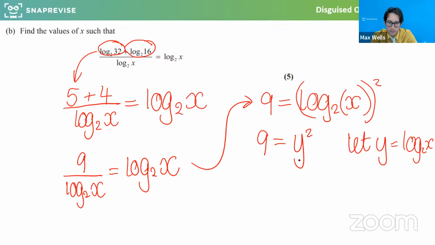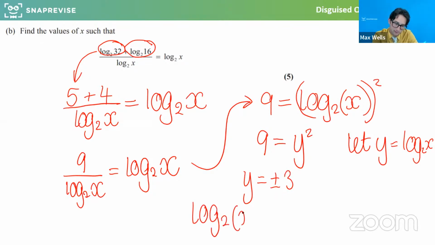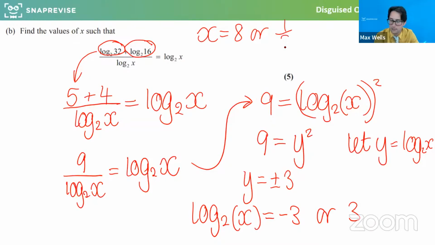So that means that y is equal to plus or minus 3. So that means that log 2 of x is equal to minus 3 or 3. And that is feasible because 2 to the minus 3 is an eighth and 2 to the 3 is 8. So that means that x equals 8 or 1/8.